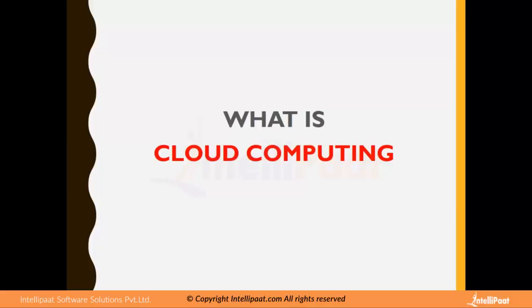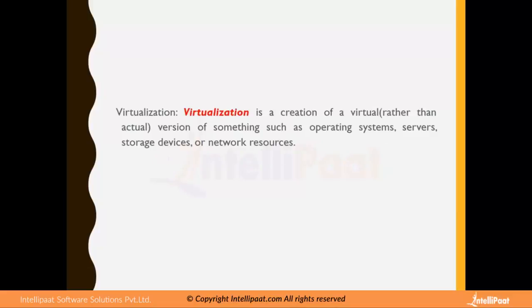So cloud computing follows elasticity and scaling as well. Now it follows virtualization. Virtualization is creation of a virtual rather than actual version of something. It can be an operating system, server, storage devices, or network resources.